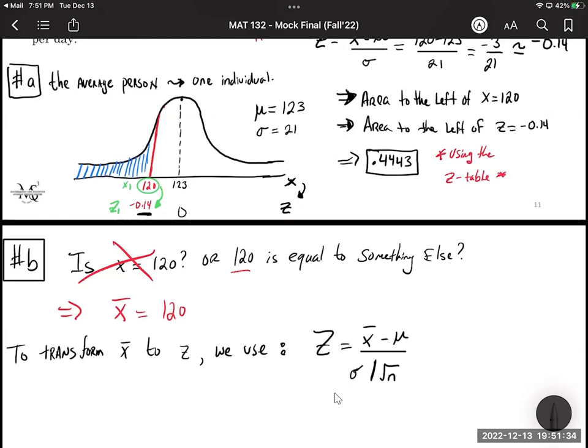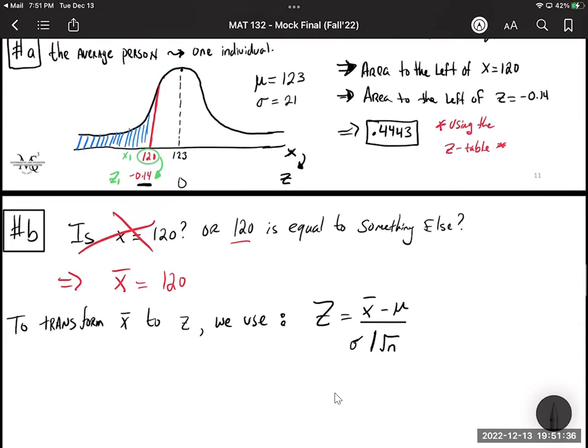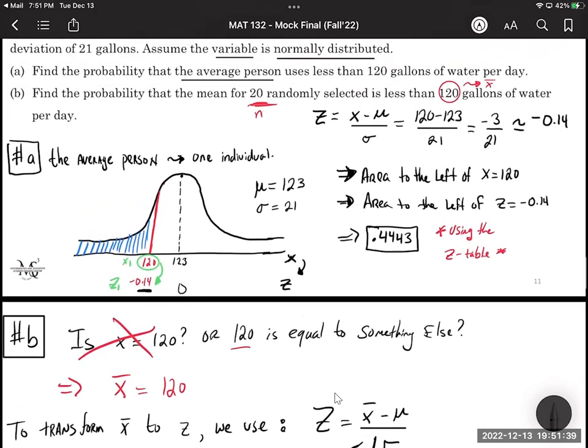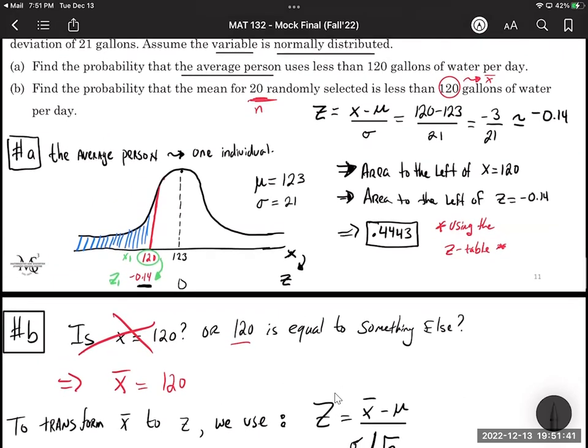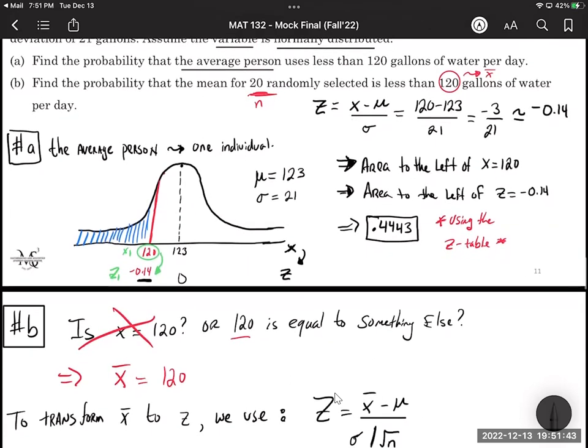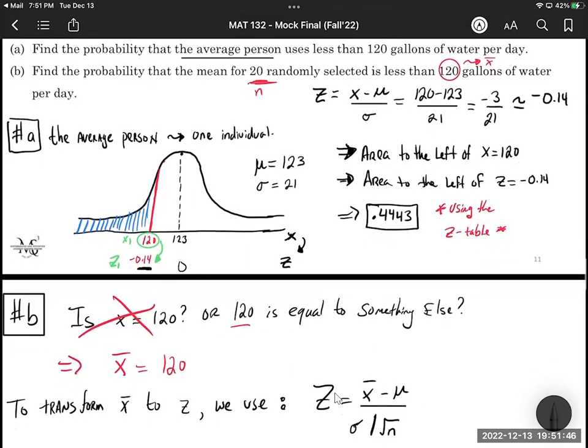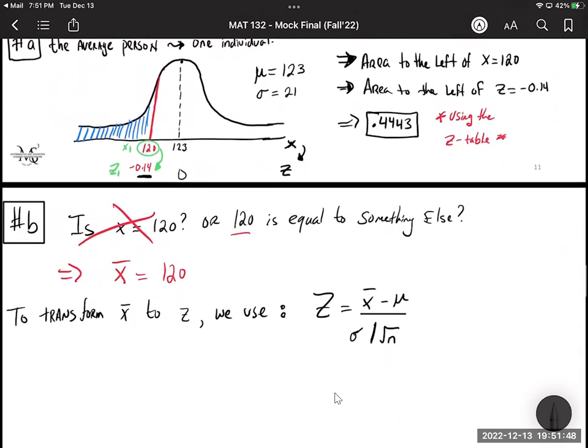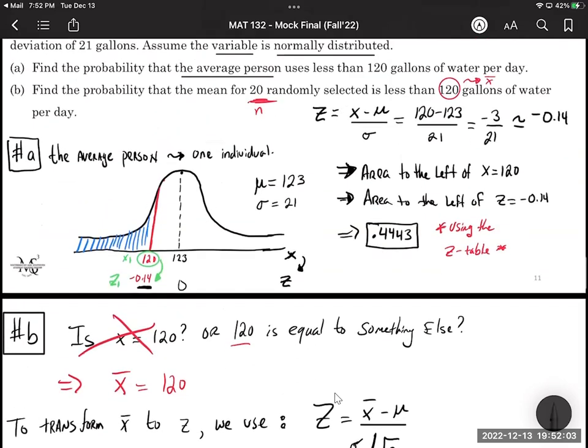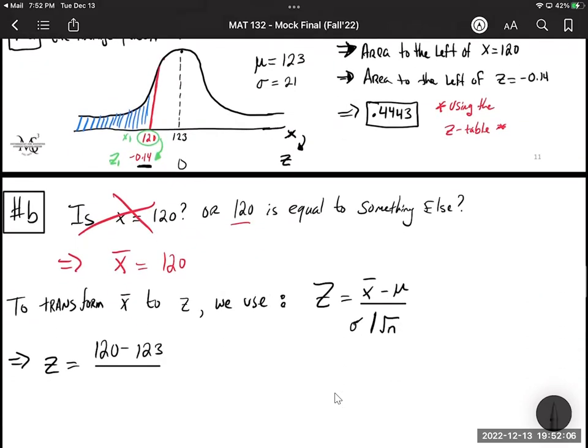Okay, so our x bar is 120. The mean for our population is the mean of the sample means, that's 123. Standard deviation is 21 and n is 20. So for part B, z is equal to 120 minus 123 over the standard deviation 21 divided by square root of 20.